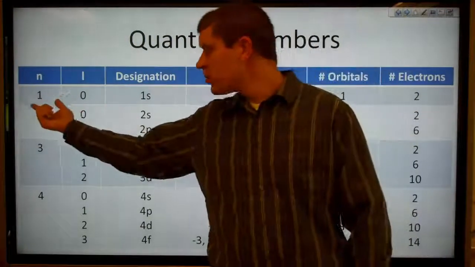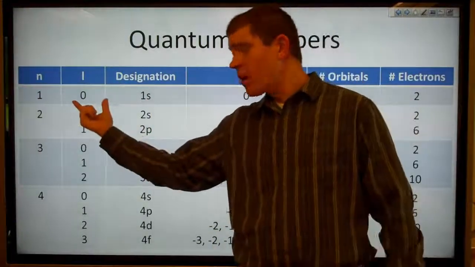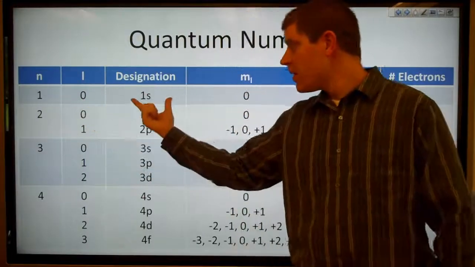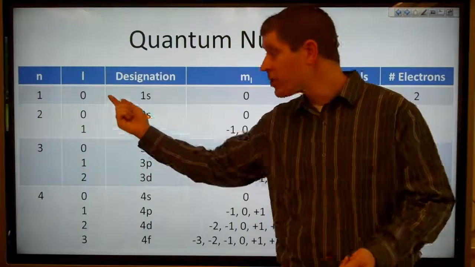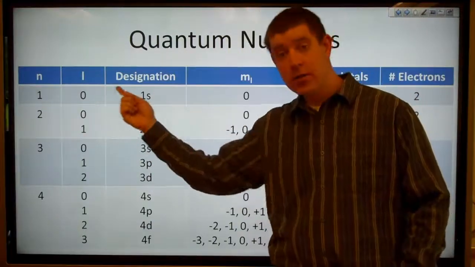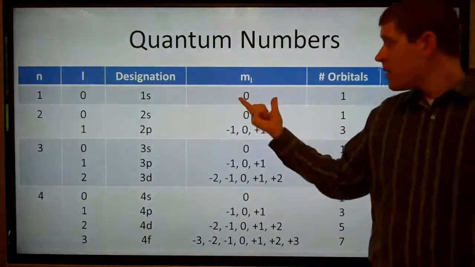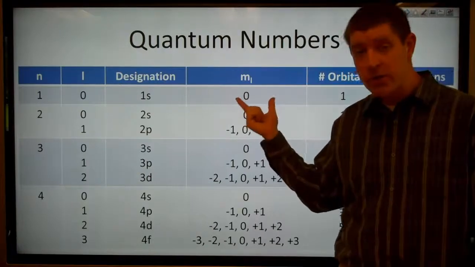So with n equals 1, we're in that first energy level, closest to the nucleus. That means that our possible L values are only 0. We only have that one possibility. That suborbital we call the 1s, 1 because it's in the first energy level, s because an L equals 0 is an s orbital. Now, the m sub L value, there's only one possibility, that has to be 0.